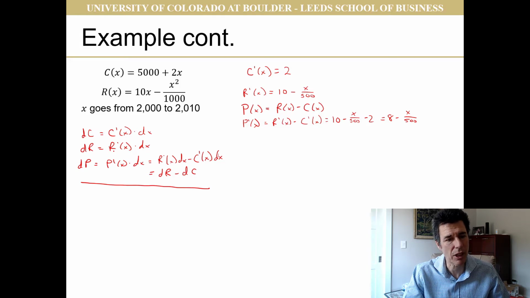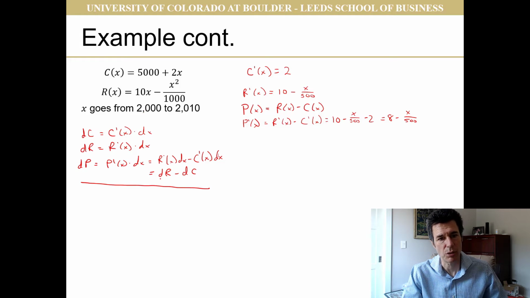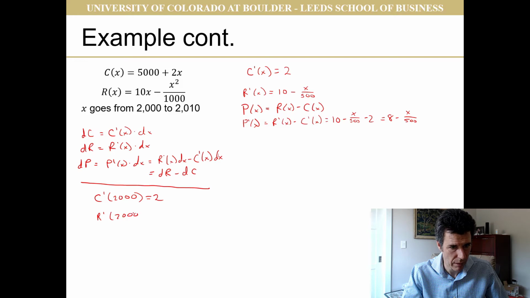So C prime and R prime for X equals 2,000. C prime of 2,000 is equal to 2. R prime of 2,000 is equal to 10 minus 2,000 divided by 500. This is 4, so this is 6.